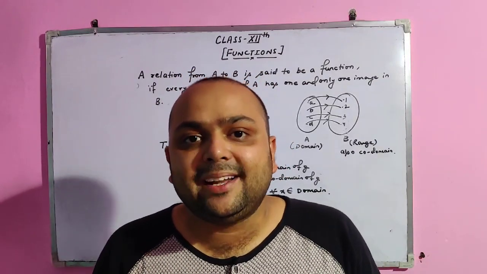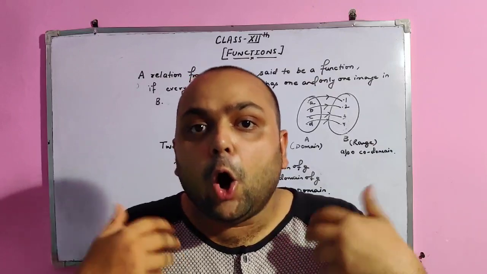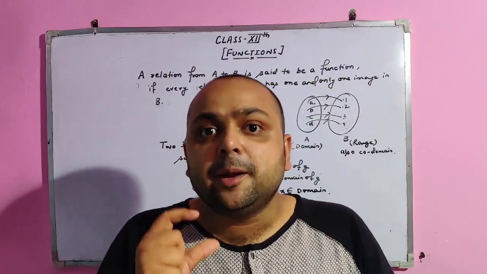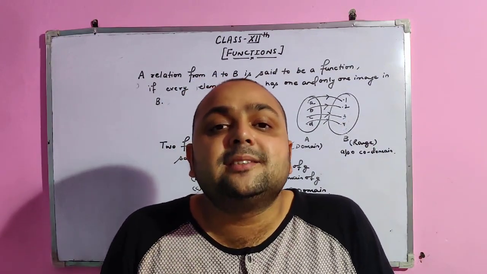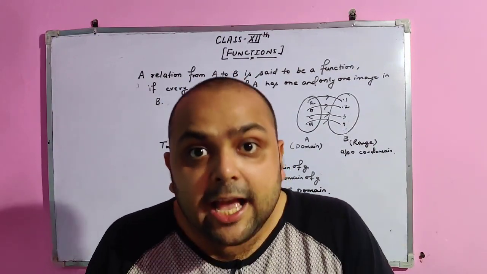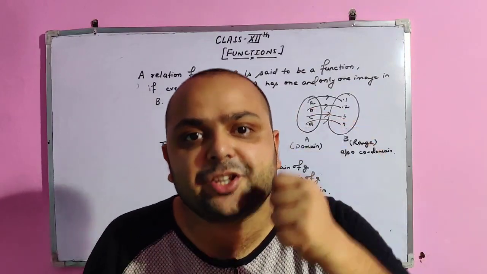Now we all know that a relation is a subset of the Cartesian product. Suppose we have two sets, A cross B is the Cartesian product of two sets and their subset is called the relation.